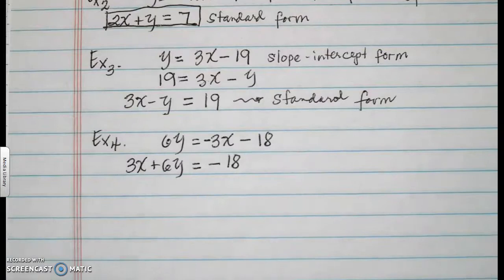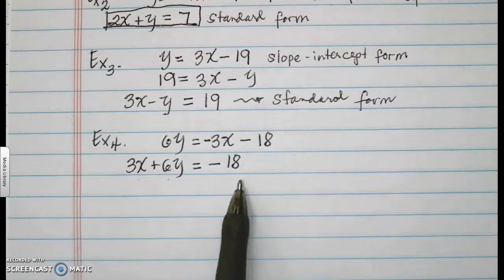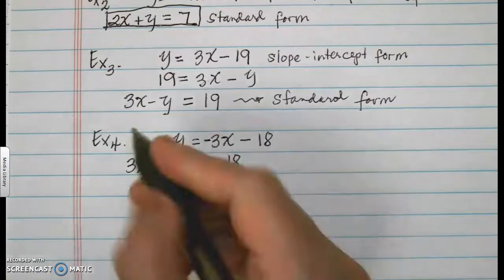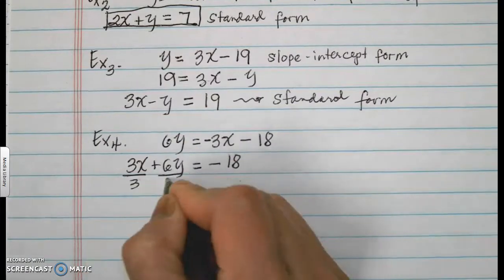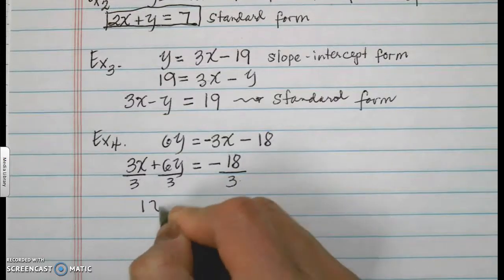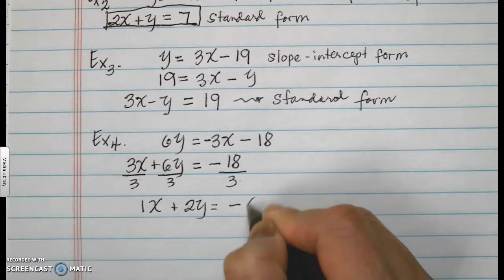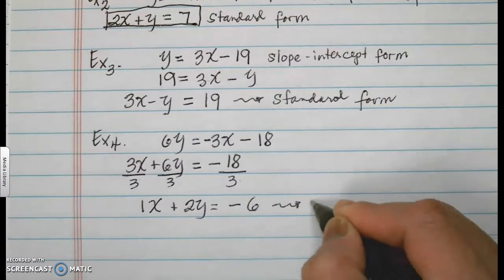And please take note that one of the conditions is that a, b, and c must only have a common factor of 1. And the common factor of this is 3. So we are going to reduce all of them. And so the answer is 1x, or x, plus 2y equals negative 6, and this is your standard form.